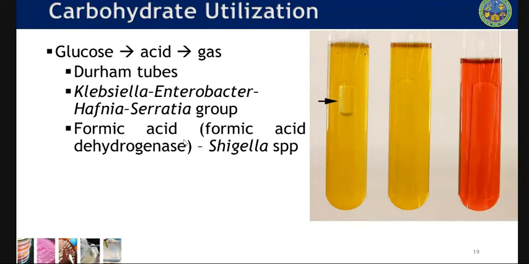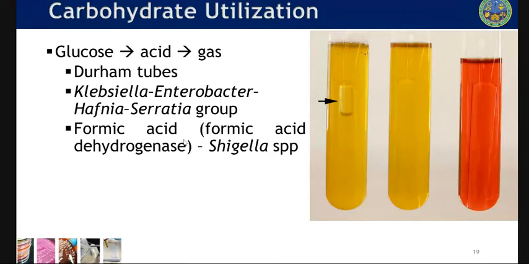The main principle of this is you have a substrate, glucose, that when utilized by the organism or the bacteria, produces an acid. But then again, with acid production, you may also have gas production.